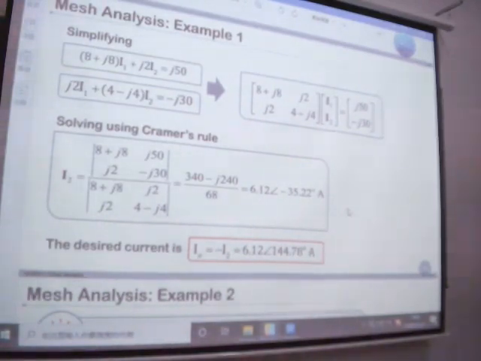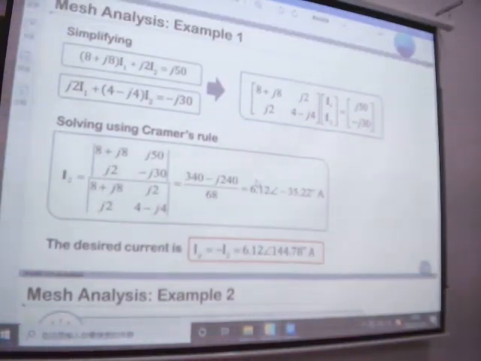Because in practice, the dimension of the circuit is not 1, 2, 3. We have large dimensions, okay? We might have 10 loops, 100 loops for a very big power grid. For that type of circuit, we cannot just use one or 3 equations to solve. We have a large equation. So at that time, the traditional analysis is not a good way to do it. Okay? Right.